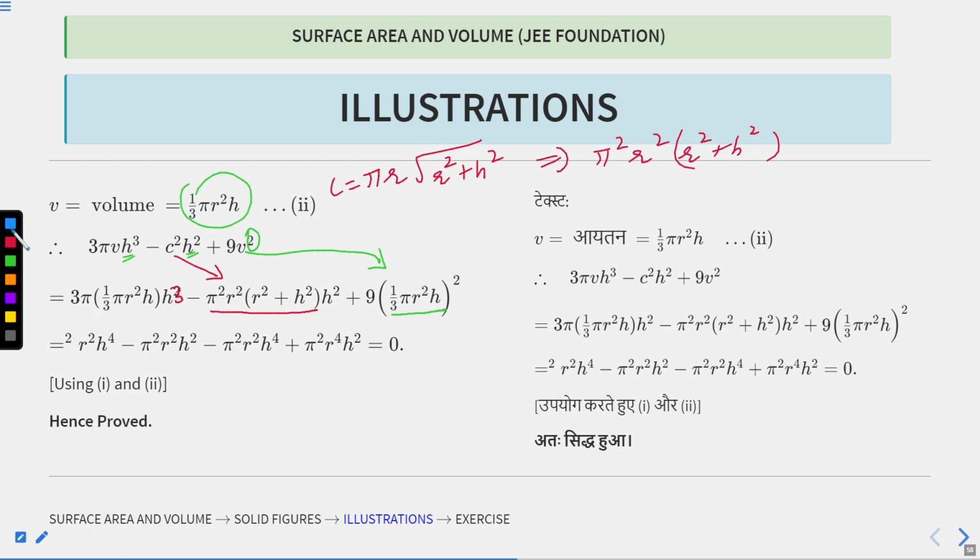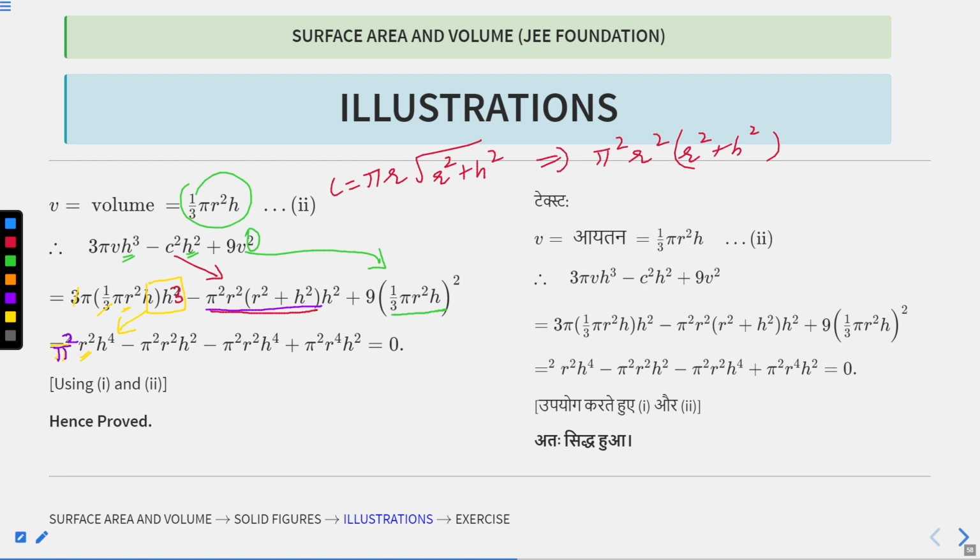If you see, this 3 will get cancelled, so we are left with h multiplying with this term: the h power 4, r square, and pi square. It is pi square r square h power 4.